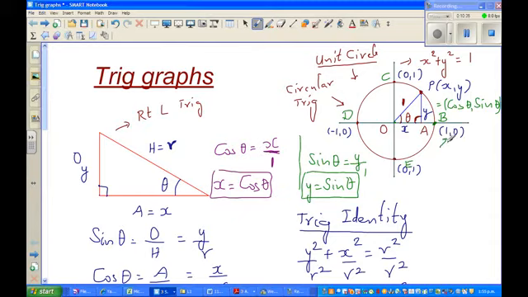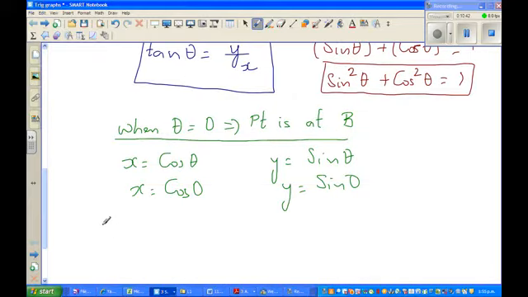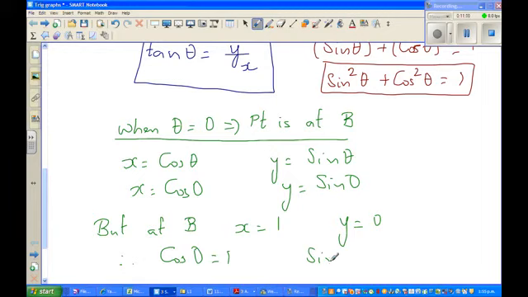This is your x at B and this is your y at B. But at B, can I say x is 1 and y is 0? Therefore, if I say x is cos 0 and then again I say x is 1, can I say cos 0 is 1 and sin 0 is 0?